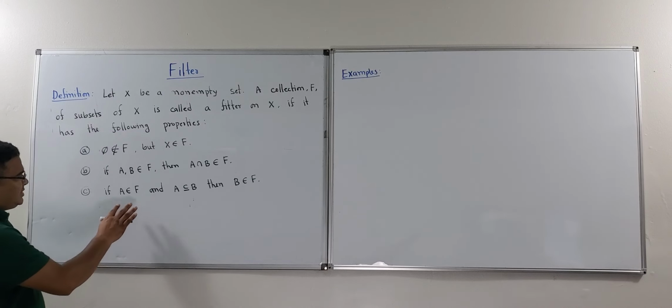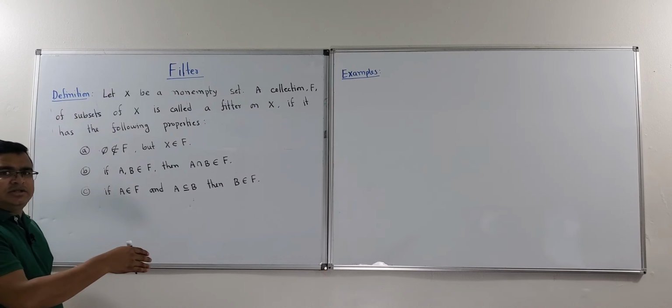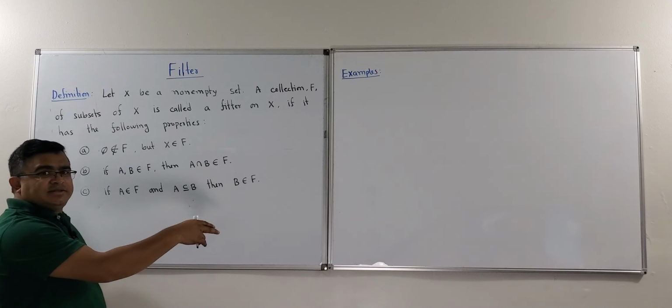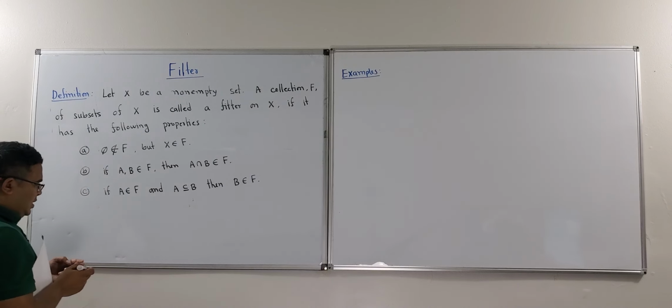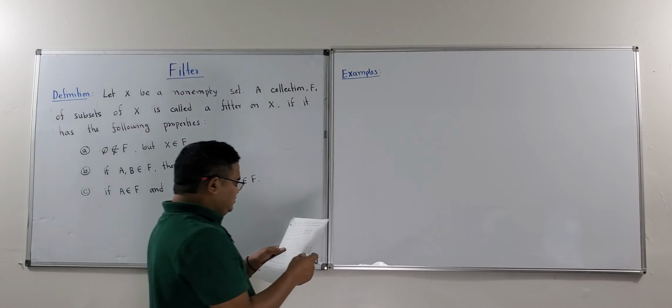So if there is a set A which is in the collection and A is a subset of another set B, then B should be in that collection. Now we can discuss some examples.